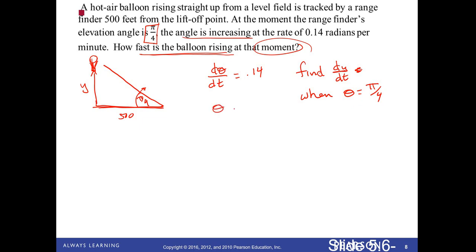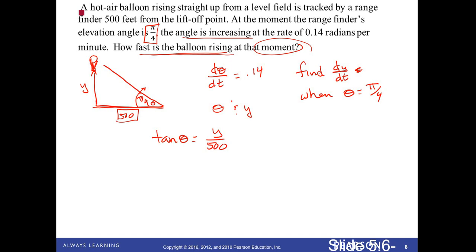So I need an equation with theta and y. This is a constant, so I can use that as a number. So I look at this picture and I think, well, theta, my angle here, is related to y and 500 using the tangent formula. So my formula that I'm going to write is that the tangent of theta is y over 500.